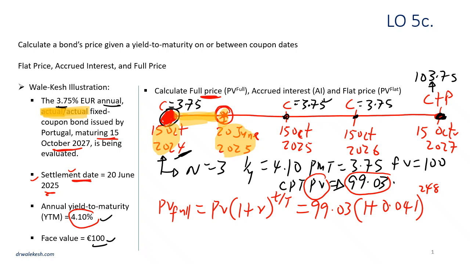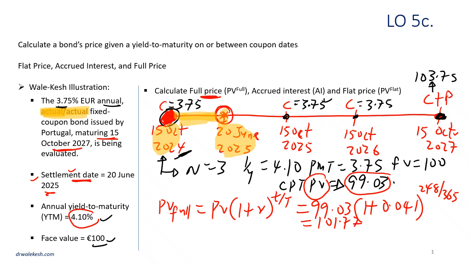Since we are using actual over actual date convention, that would be 365. So solving for this, what do I have? What I have is 101.77. That's my full price.